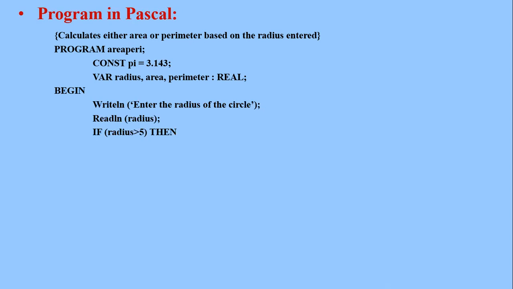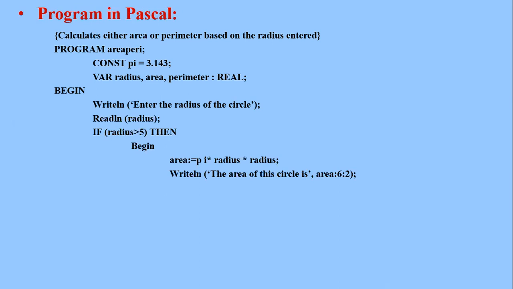Then check: is the radius entered greater than 5? If the content of the memory location called radius is greater than 5, then do the following. Pick the content of the memory location called radius, multiply by itself, multiply it with pi, and the overall result, assign it to the memory location called area.